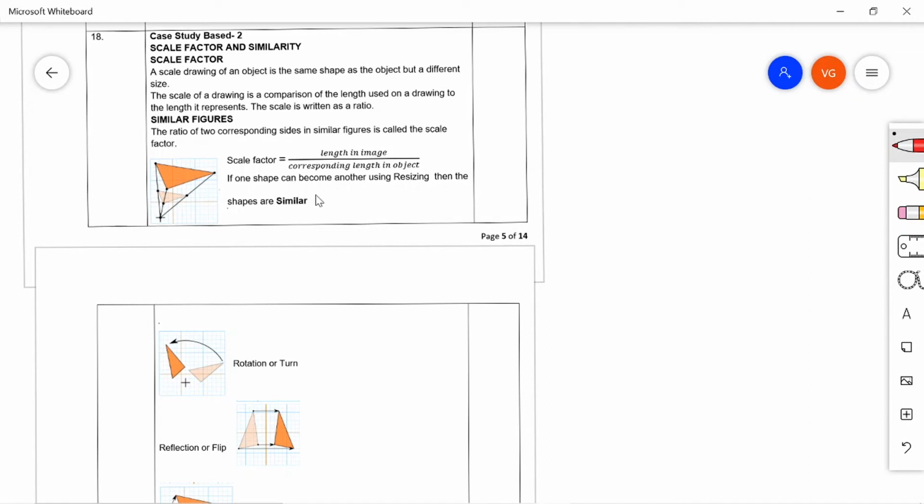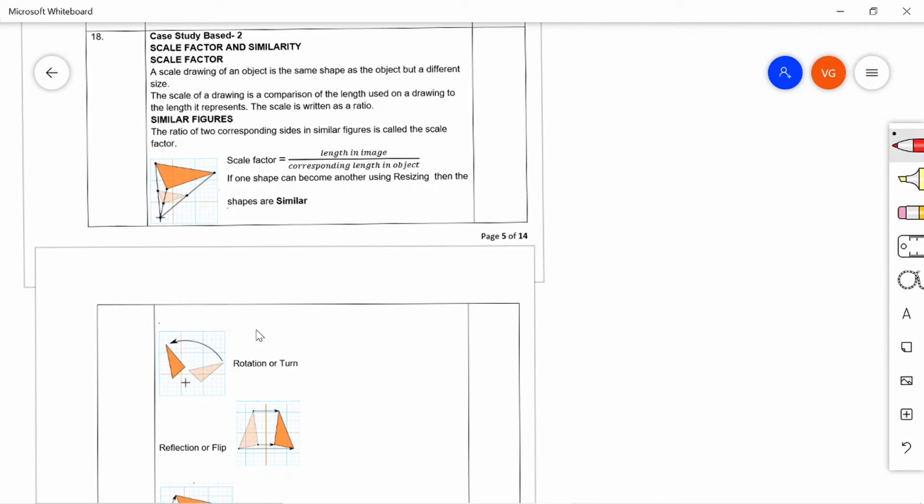If one shape can become another using resizing, then the shapes are said to be similar. You have a big figure here, and using the same shape they have drawn another small figure, but the sizes are different. These two triangles are similar because the ratio of their sides are equal, so we say these two figures are similar.